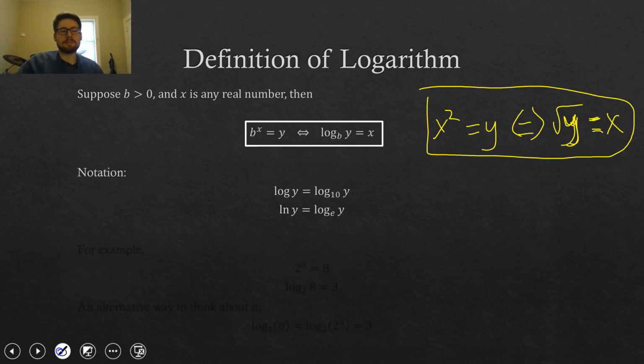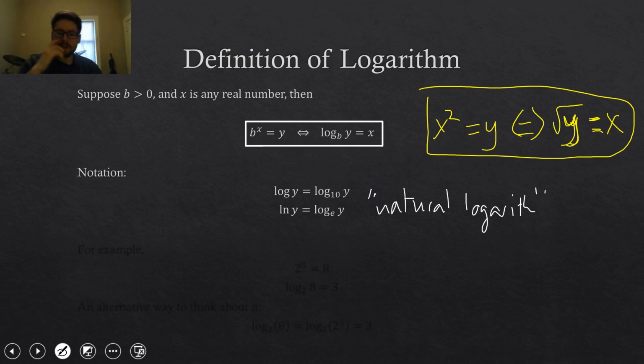Remember e, the famous exponential base, the one we use for continuously compounding interest. That logarithm is also called the natural log, and ln stands for log natural. I don't know, it's probably French why it's in that order. But the log without a base is log base 10, and ln just means log base e, or natural log.